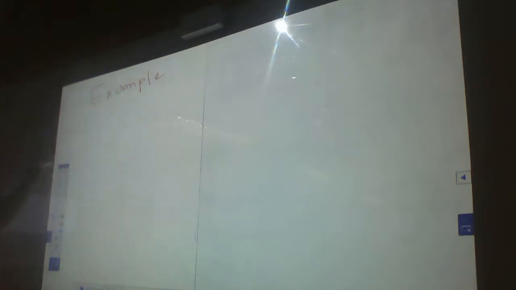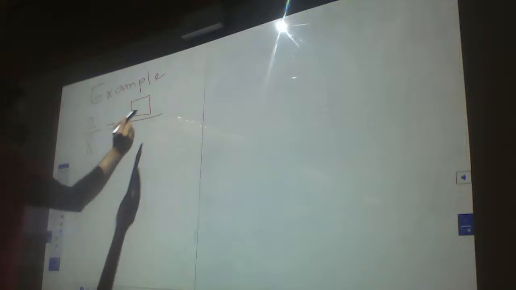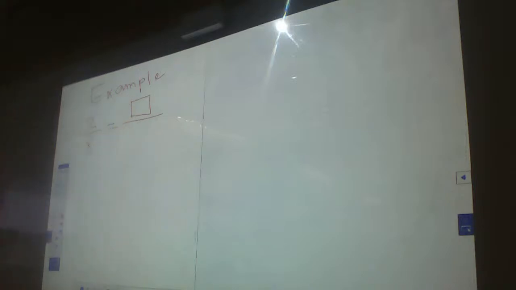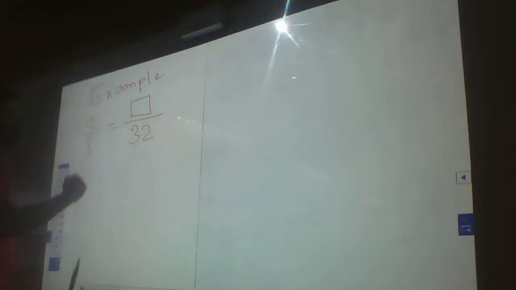If we have the number 2 over 8, and on this side I have a box, we don't know what the number is, and here we have 32.